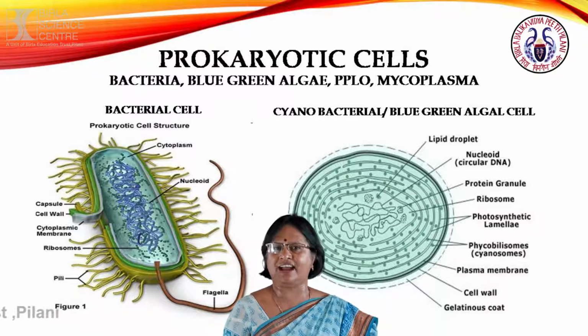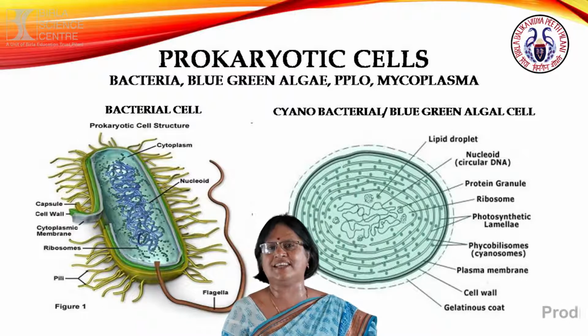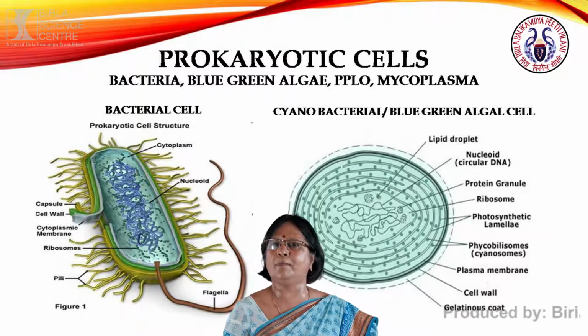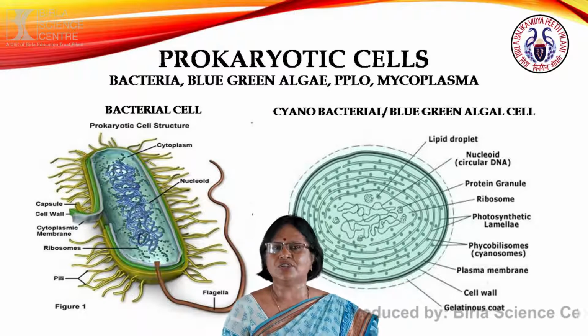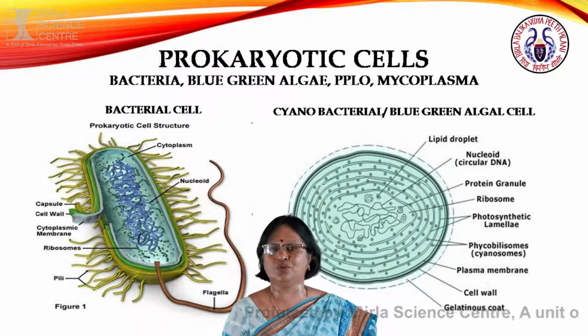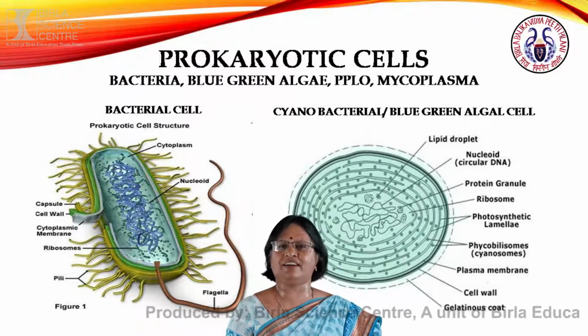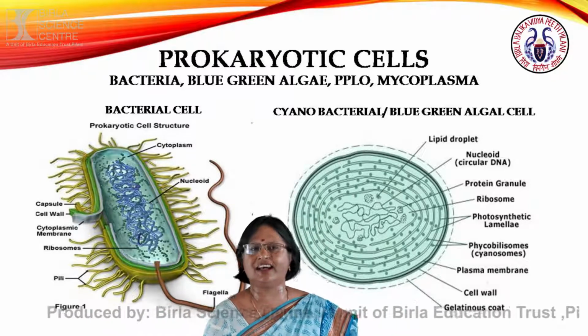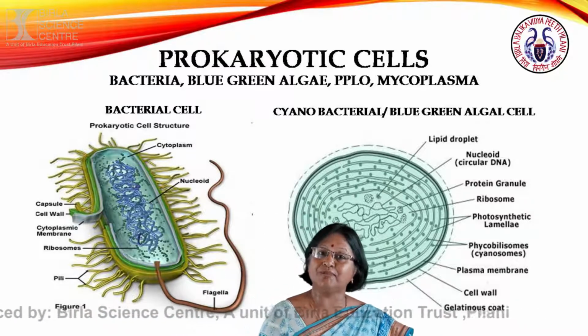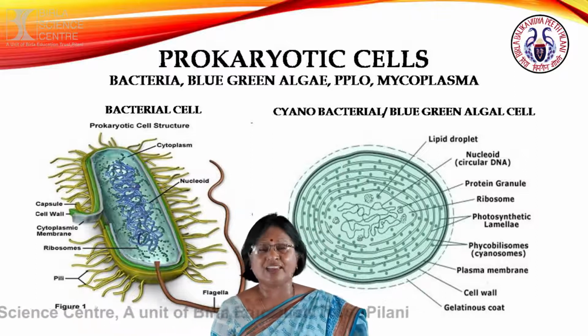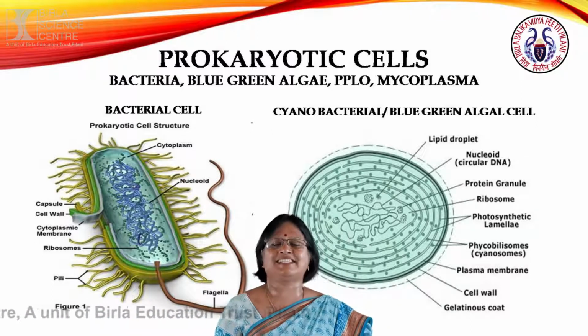So here in the diagram, you can see a bacterial cell and you can see a cyanobacterial or a blue-green algal cell. So just see the difference between the two. The most important and the major difference between a cyanobacteria and a bacteria is that cyanobacteria has got the pigment system.